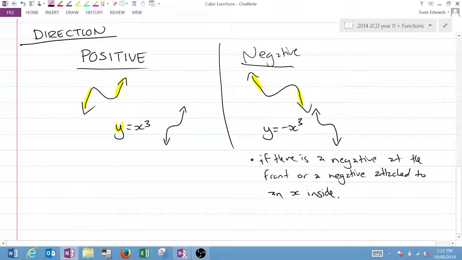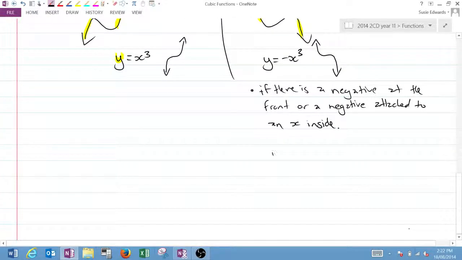So, for example, y equals negative x plus 3, x take 2, x plus 1 is negative, because you've got this negative at the front here.